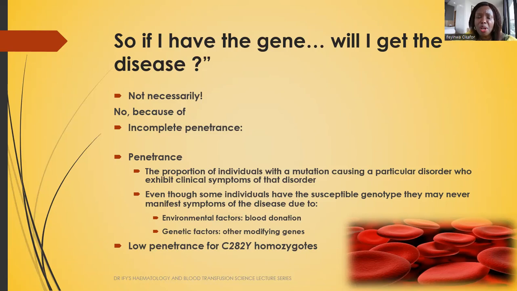So even though some individuals have the susceptible gene, the susceptible genotype, they may never manifest symptoms of that particular disease. And this may be due to environmental factors, lifestyle, the way you live.